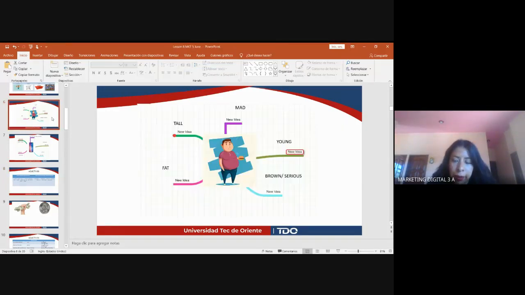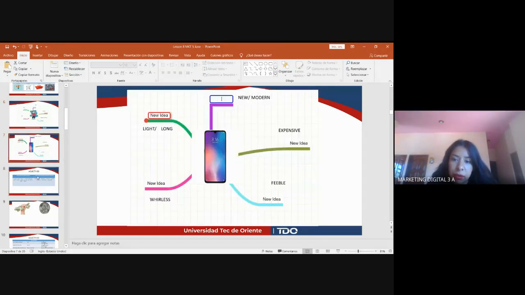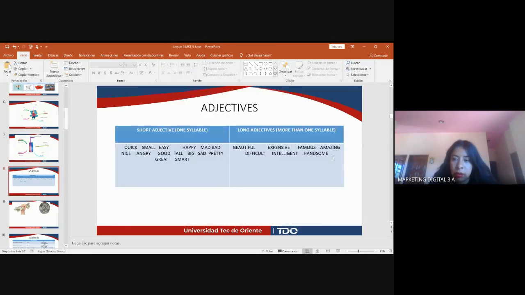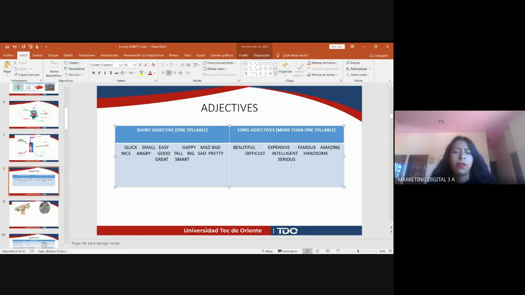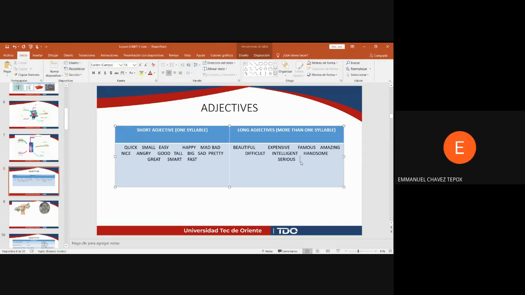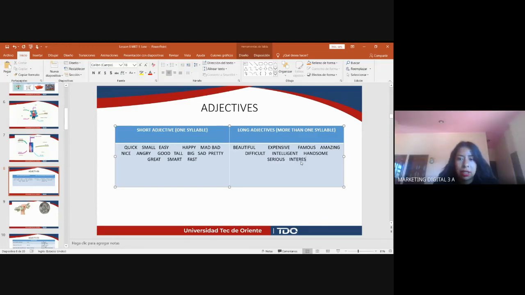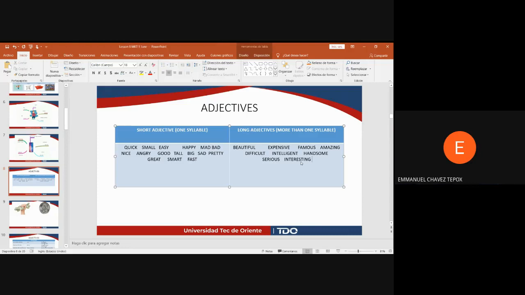Let me check if we have here. Serious. Serious. What else? Interesting. Fast. No, faster. Entonces aquí sería fast. No, interesting. Fast. Ya el comparative es faster. Interesting. Interesante.